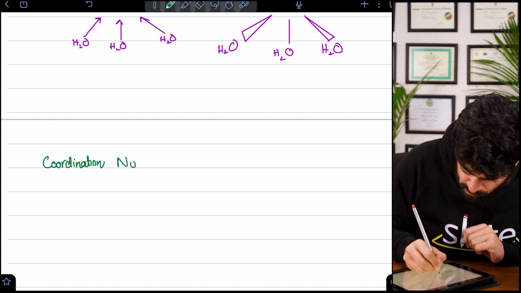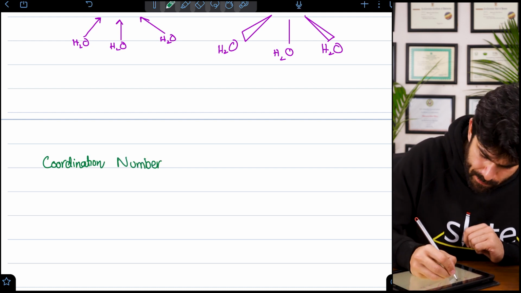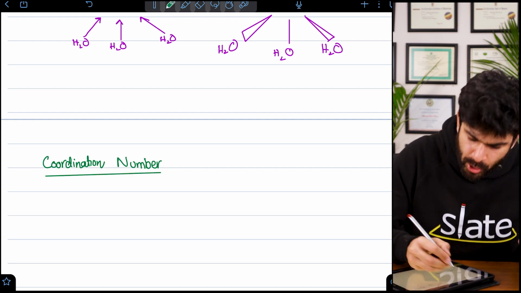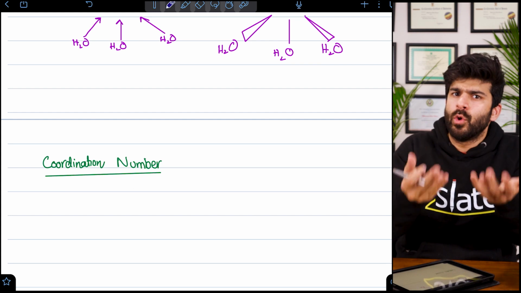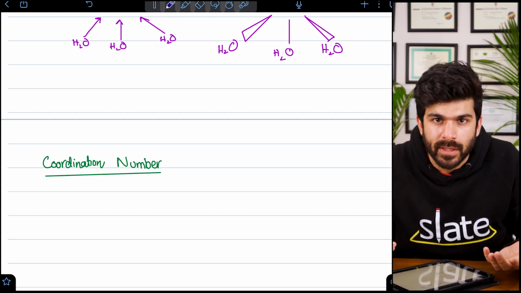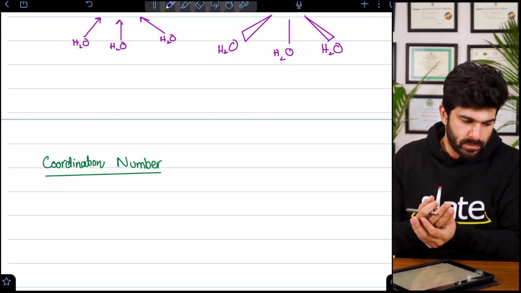Coordination number. I mentioned this many times during this lecture, and hopefully you know it as well. But even if you don't, now you will remember it. So what is the coordination number?